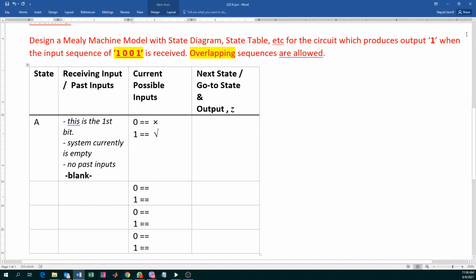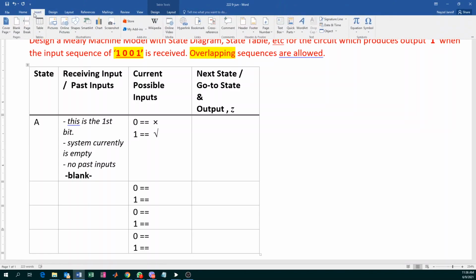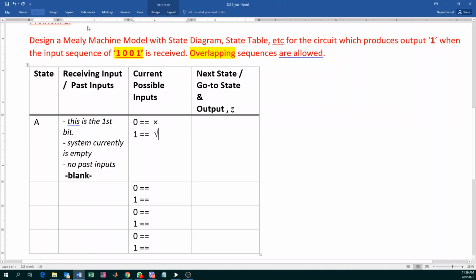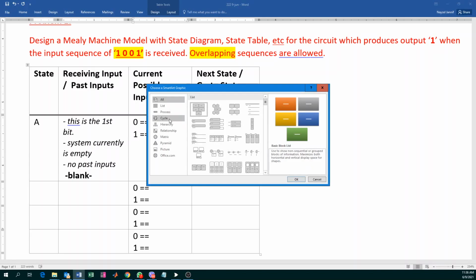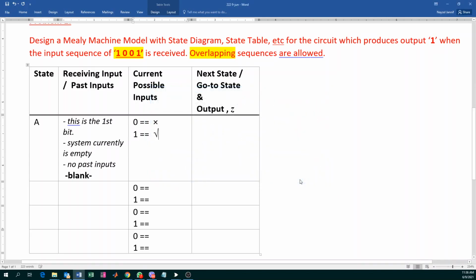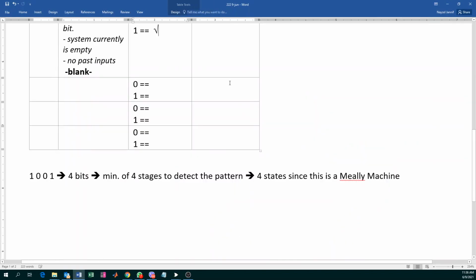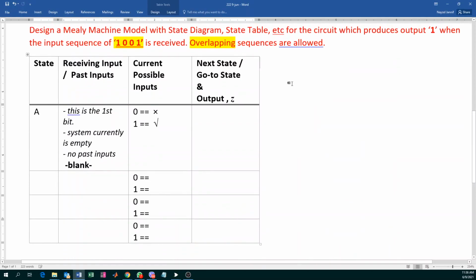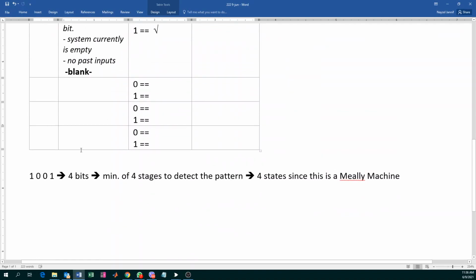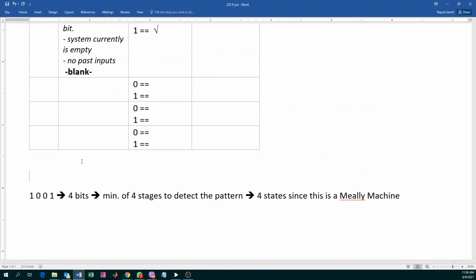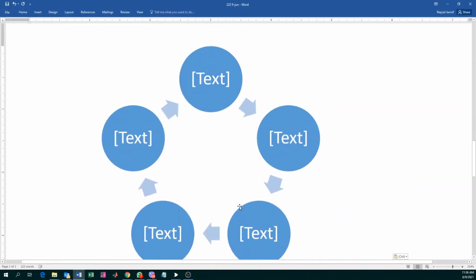So this is where the diagram comes in. Let me do a state diagram. Hey, we needed only 4 states, guys.